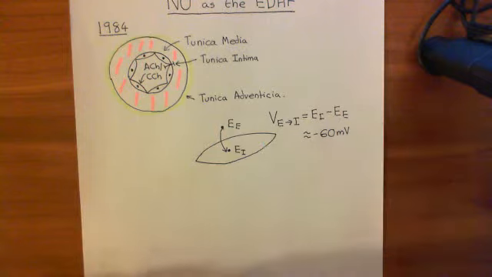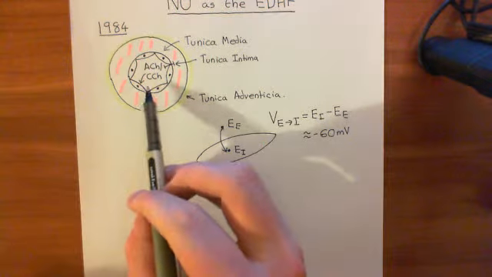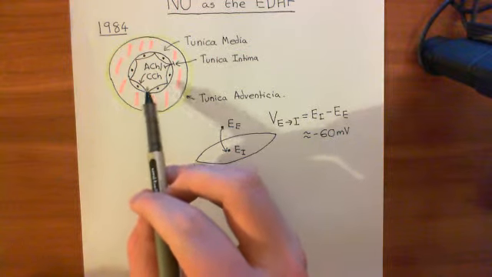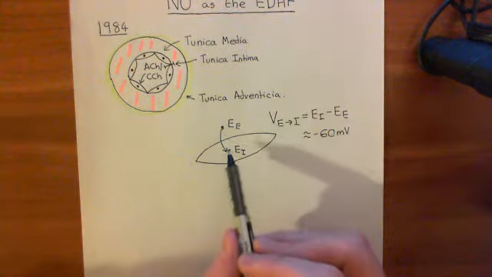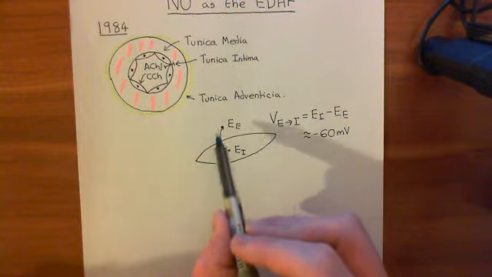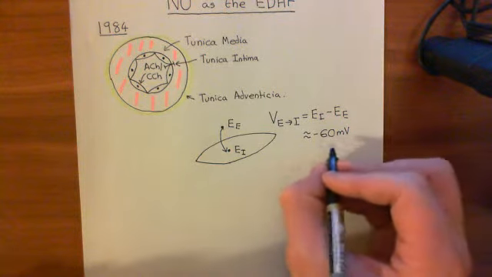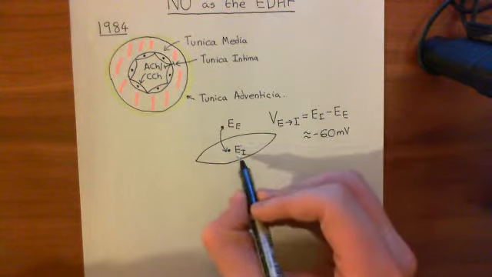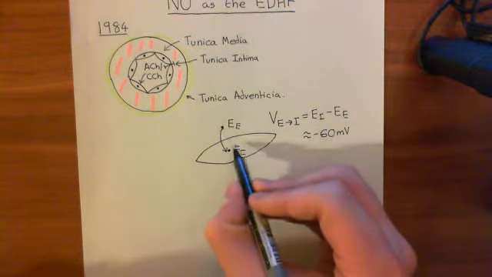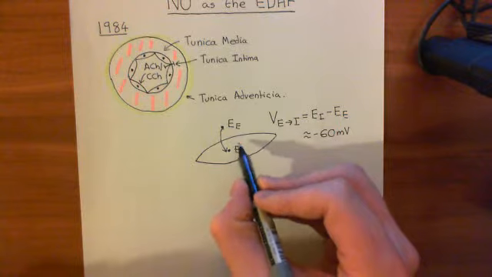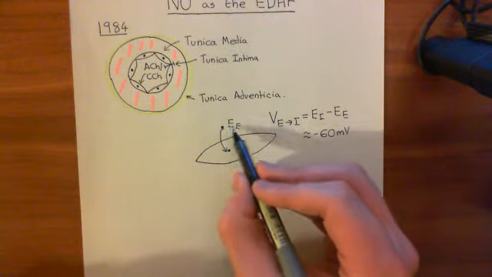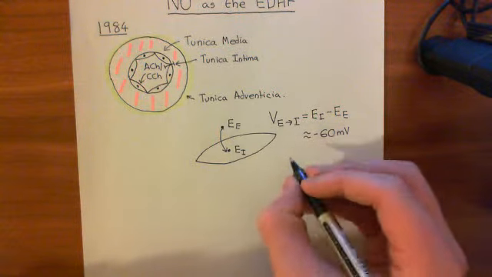Now, what you find is that if you stimulate these endothelial cells with acetylcholine or carbachol, the electrical potential difference across this membrane gets hyperpolarized. That means the amount by which the electrical potential intracellularly is lower than the electrical potential extracellularly is going to get bigger.